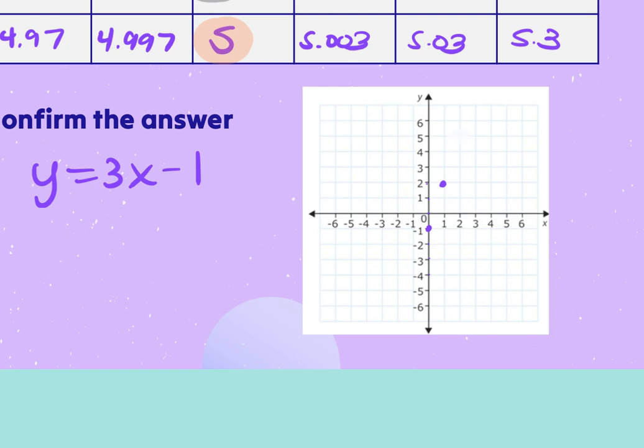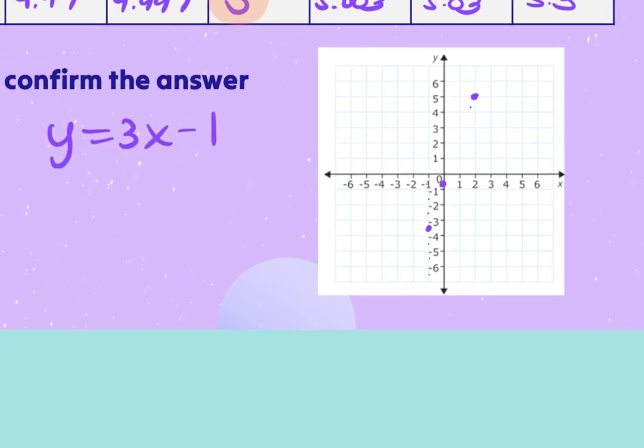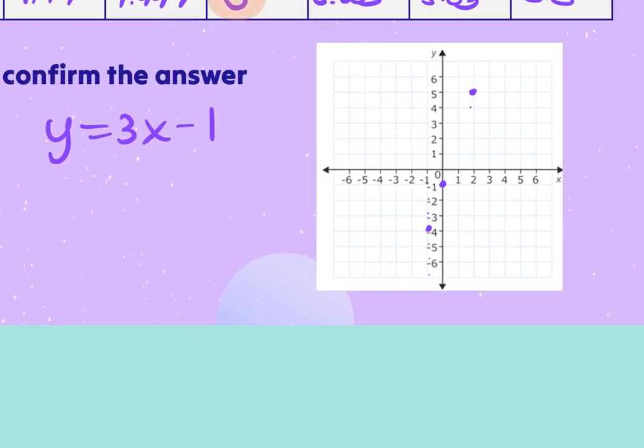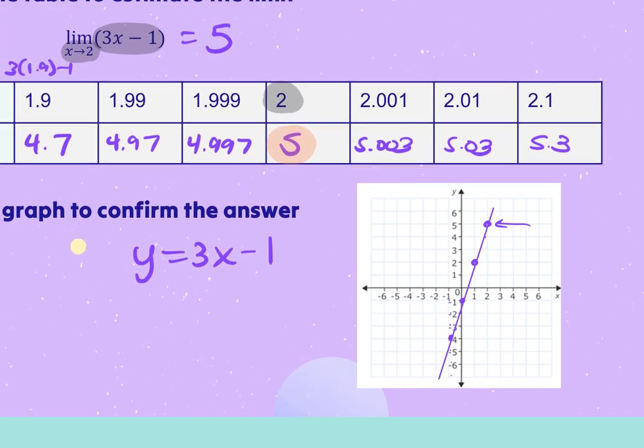If I go up 3 to the right one more time, I get that point. We're confirming what would happen to our graph as our x approaches 2. As our x approaches 2, the y value of that coordinate point is 5.